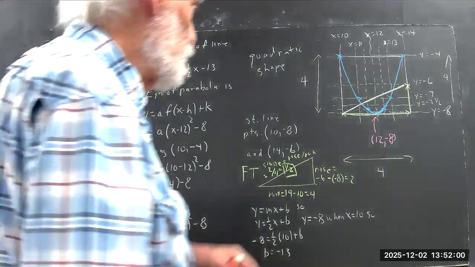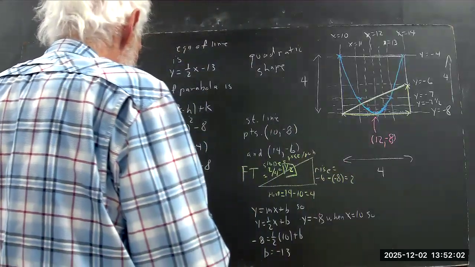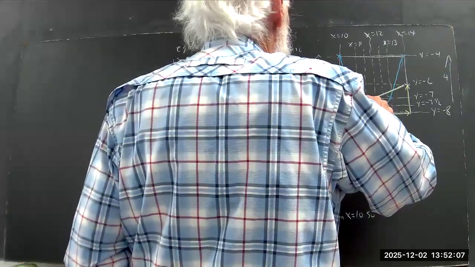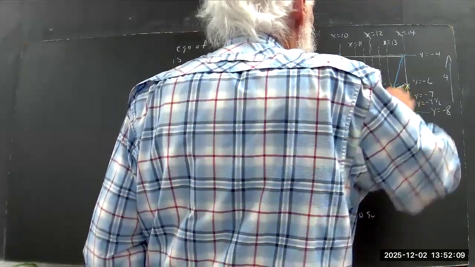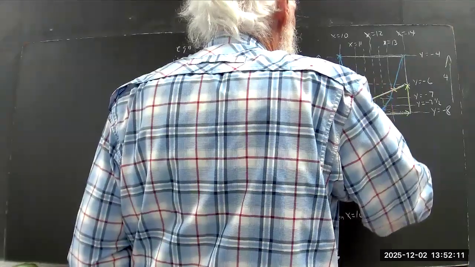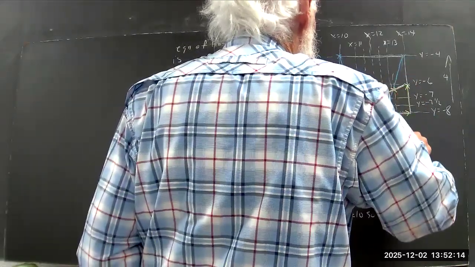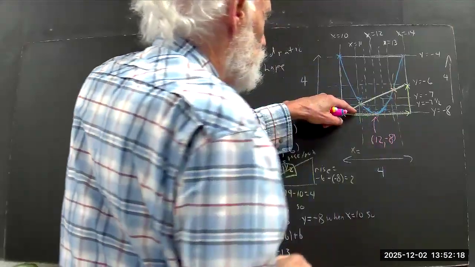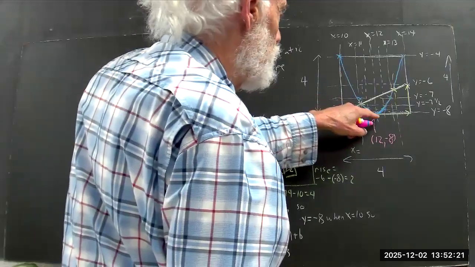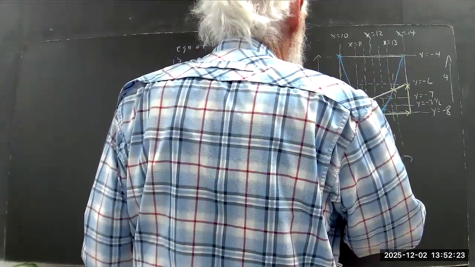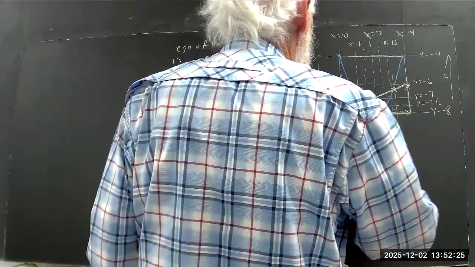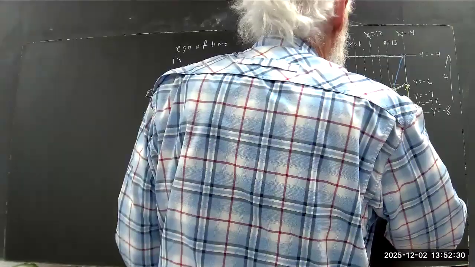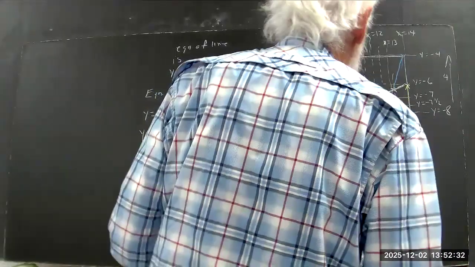What I want to do is find the points of intersection. I want to find this point and this point. I can estimate these points. This looks like x equals, if this is 11 and this is 12, about 11.1. This is x equals about 13.2.